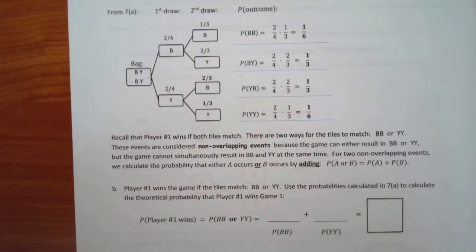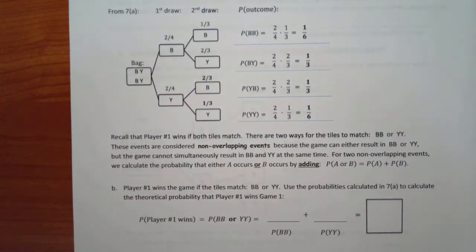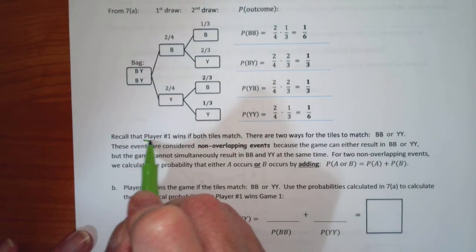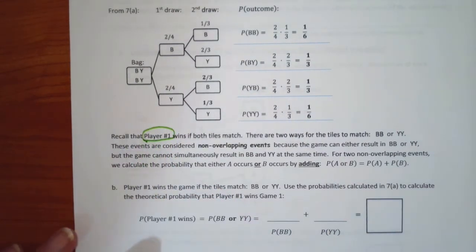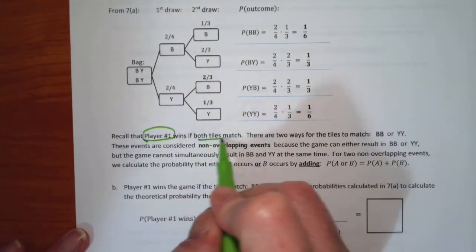Okay, so let's figure out the probability about player 1 and player 2. Well, we know that player 1 wins if both tiles match.